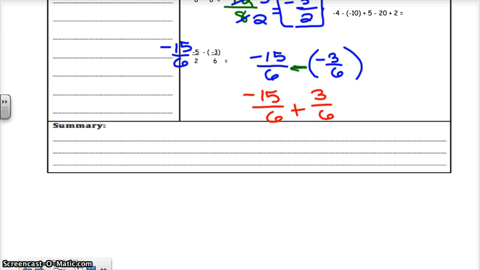Now they're opposite signs, so I take their difference. 15 minus 3 is 12. The negative is further away, so it's going to be negative 12. This turns into negative 12 over 6, which is negative 2.